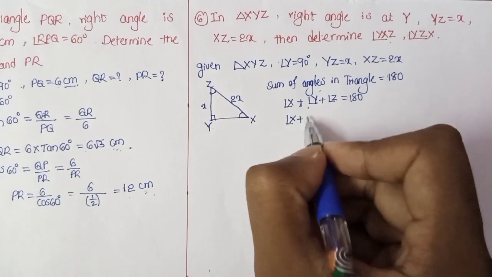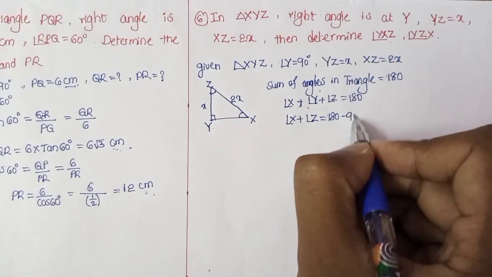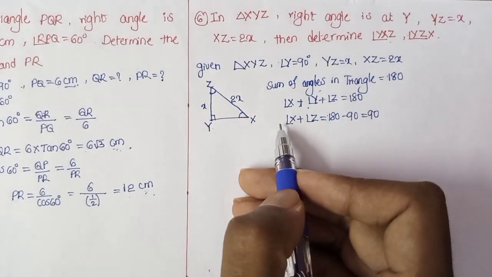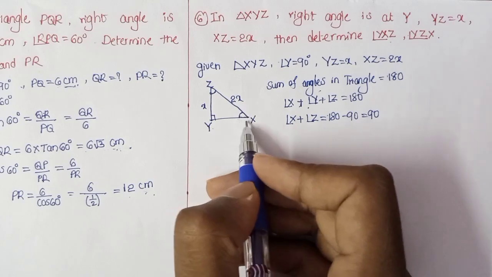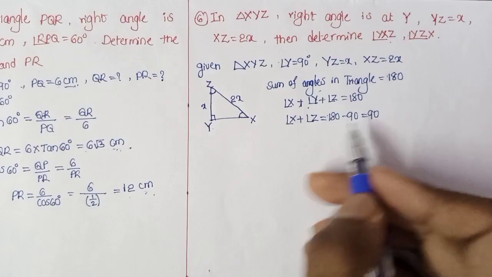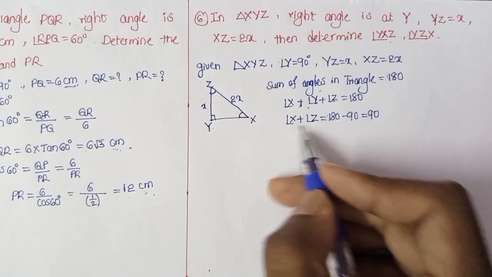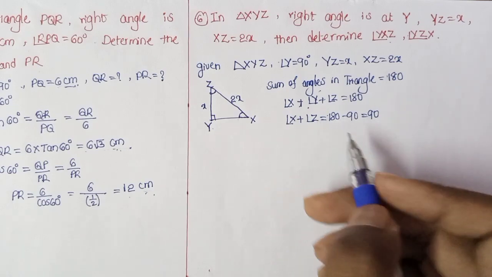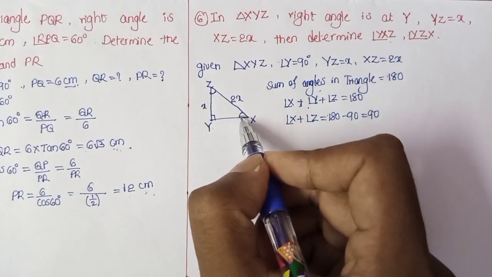So angle X plus angle Z is equal to 180 minus 90, which is 90. So the remaining two angles sum to 90. If you find only one angle, you can automatically find the other. How? If you find angle X, you can find angle Z by deducting angle X from 90. So first we will find any one of these. Let us find angle X first.